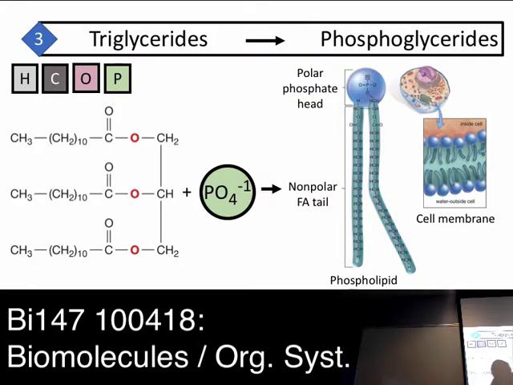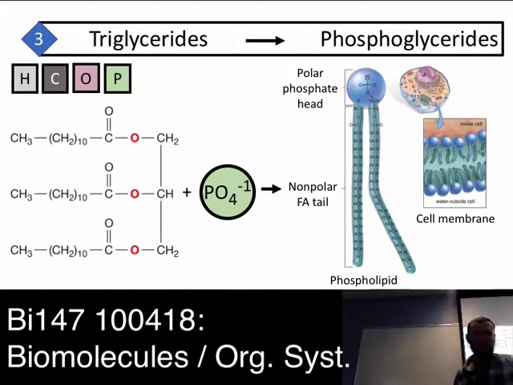The surface of the cell has all of these greasy tails in the 2 layers of the cell membrane. Non-polar, they don't want to be near water, so they hide themselves away from it. And then there are these polar, negative charged phosphate on the outside of it. So there's really a negative charge shield on the outside of the 2 layers, the inner and outer membrane of a cell.